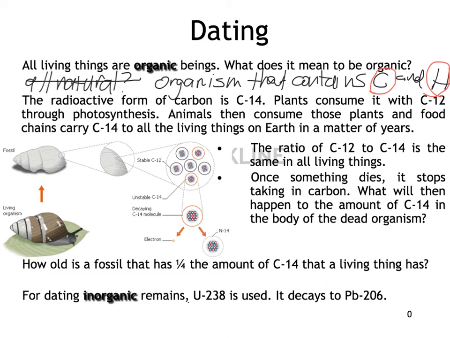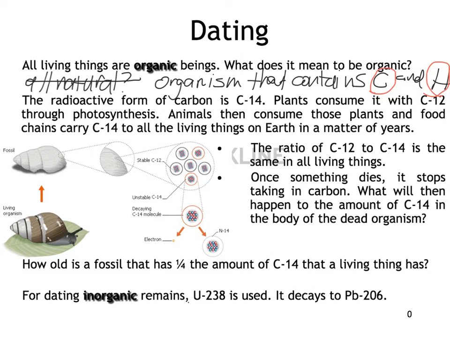And that means that a small portion of the carbon atoms in any organism will be carbon-14. And that means that all living things have some portion of their bodies which is made of a radioactive isotope, carbon-14.